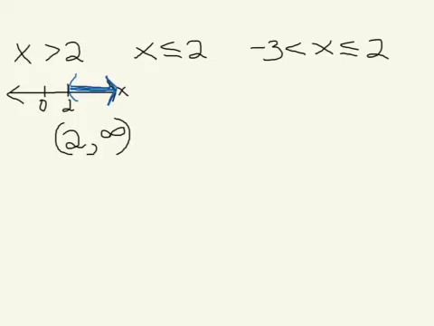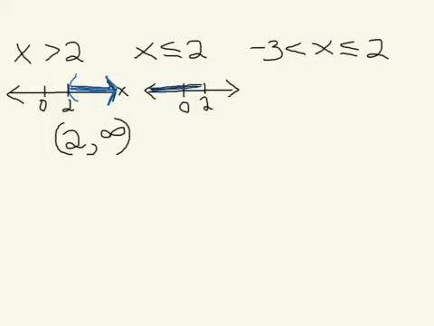So in this case, now we have x's values that are less than or equal to 2. So when we put that on the number line, we would be wanting to shade values to the left of 2. Values that are less than or equal to 2 would be to the left.